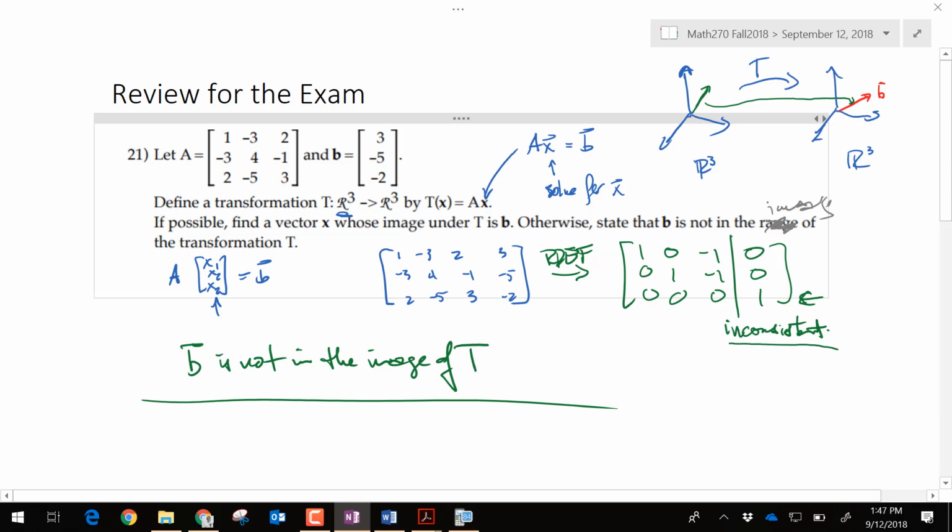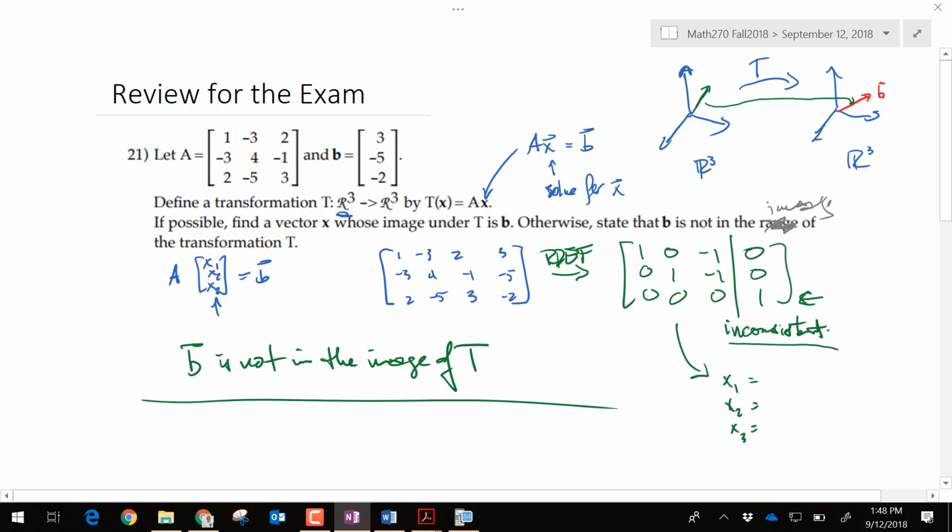Well, if you got an answer here, then you would have an answer that says 1, 1, 1 in the diagonals, and then you'll have 3, 4, or 7 or whatever. Yes. So if this was consistent, you'll get x1, x2, x3 equals to whatever they are, and that's going to be your vector.